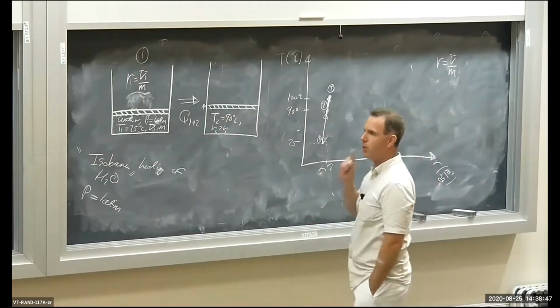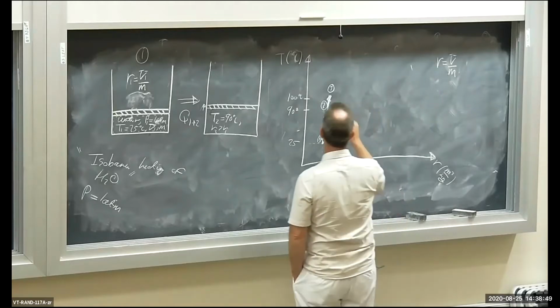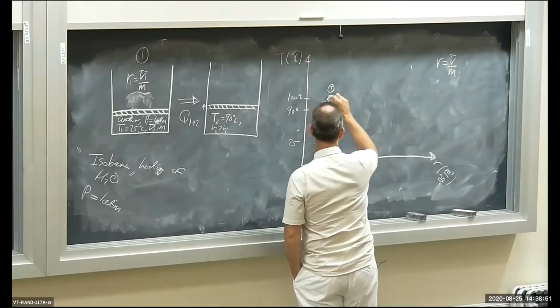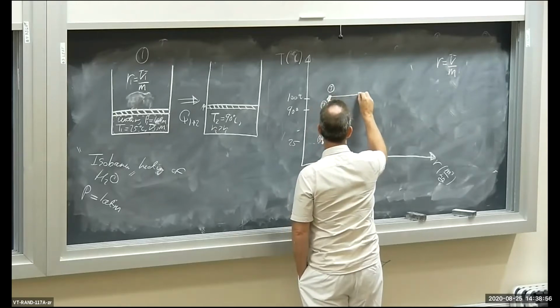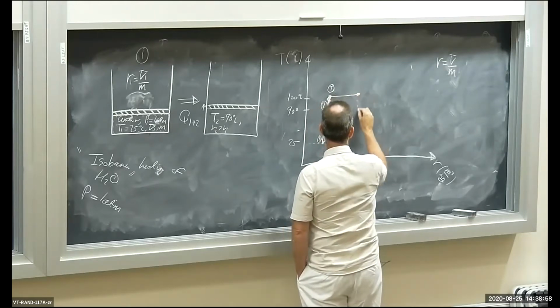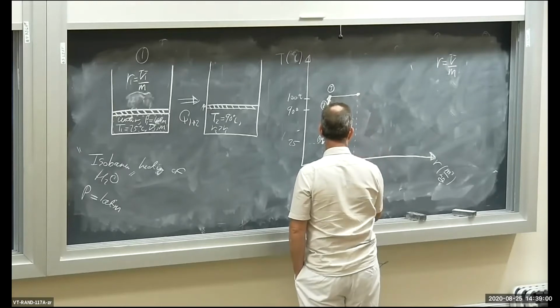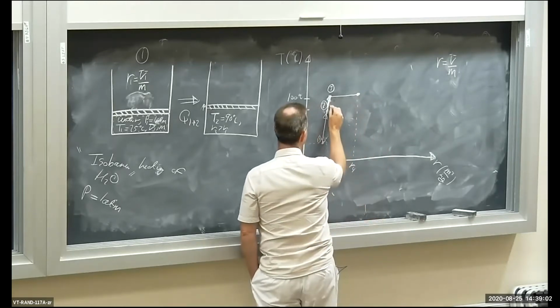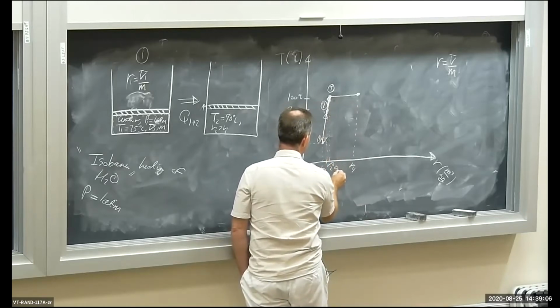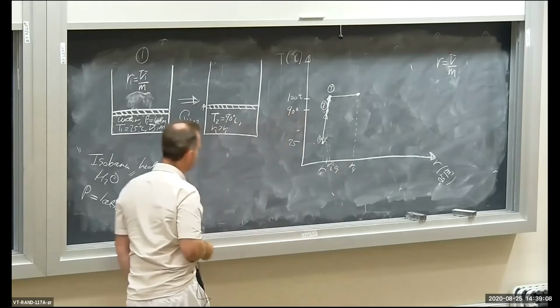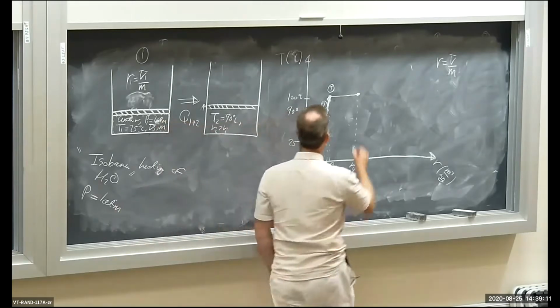State 4 temperature is the same, it's still 100 degrees, but specific volume has increased. So here's specific volume at state 4. By the way, I didn't put specific volume at state 3, you can barely see it. Okay, but temperature remains the same.